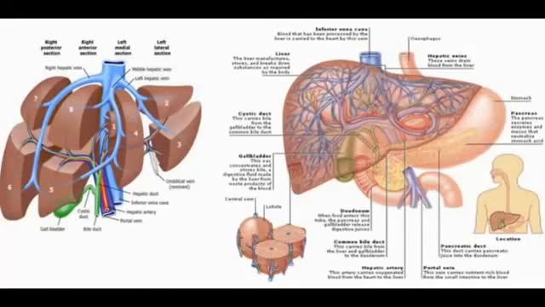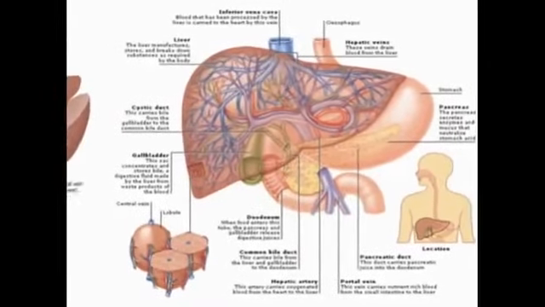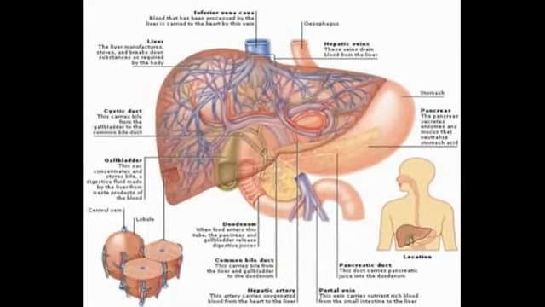On the right side, you see the circulatory system inside, how it makes some kind of net. And what I told you is so important: inside the organ there is a connection between oxygenated and non-oxygenated blood. In that sense, the liver is the main filter of our blood.